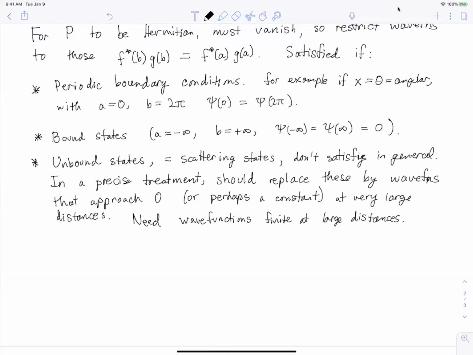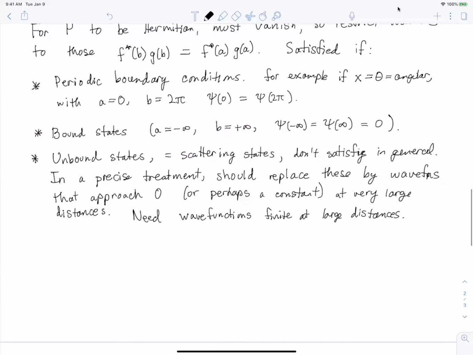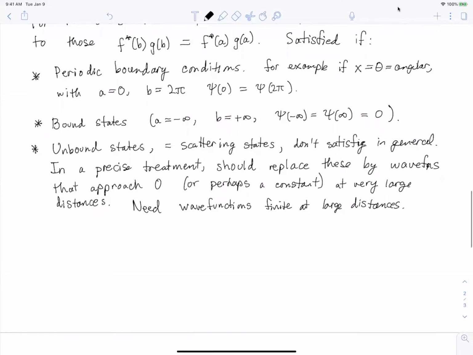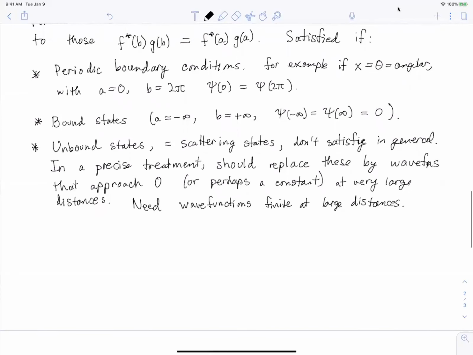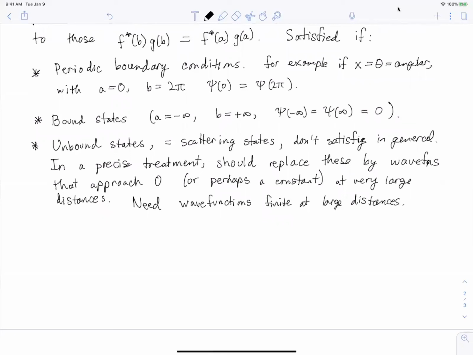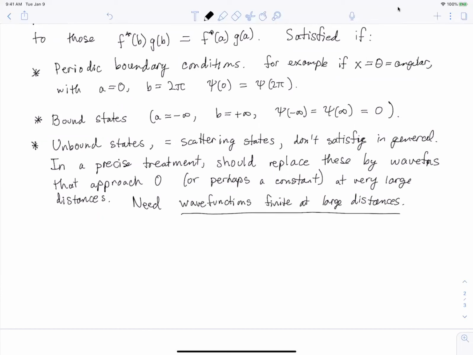And then you can dress this up with all kinds of complicated mathematical distinctions with epsilons and deltas. But what I'm telling you is, from a practical point of view, it's kind of a waste of time to talk about. Things that happen super far away aren't going to affect us. That's the general lesson. But in order for that to be true, we need wave functions to be finite at large distances.